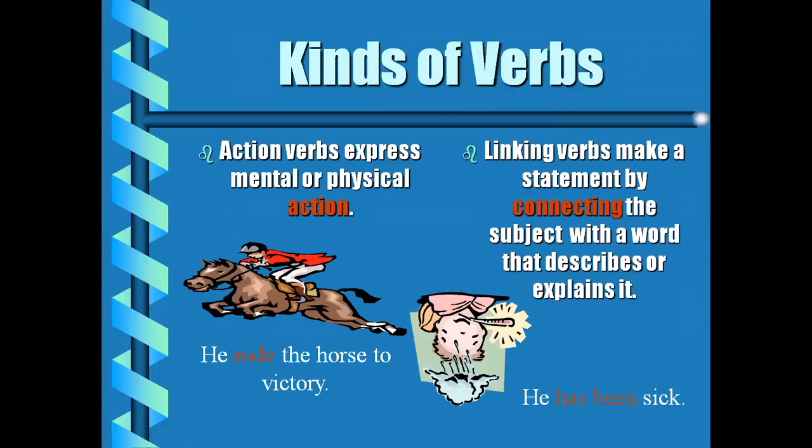The second type is the linking verbs, and I said that the linking verbs don't show an action. Okay, the linking verbs like is, am, are, they don't express an action, but they link the subject with the predicate.